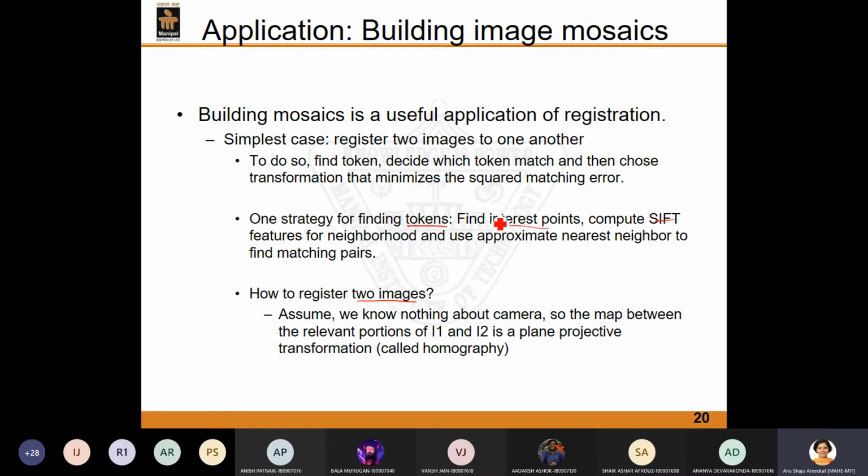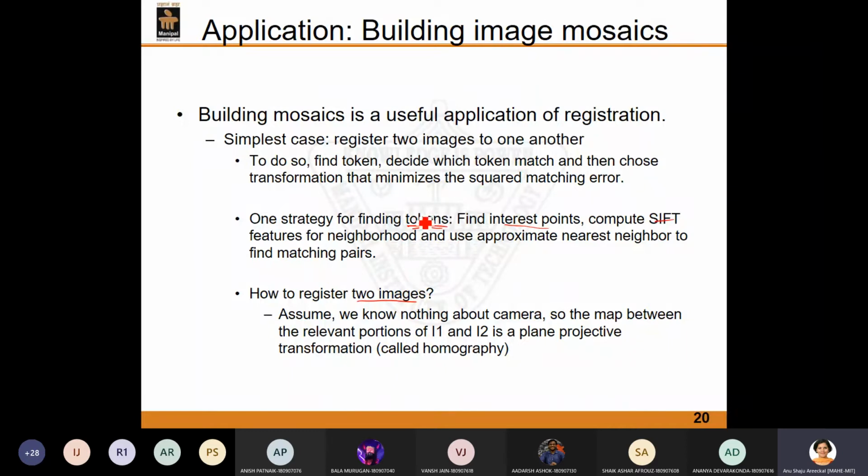All these you can call tokens, or you can say finding tokens. Tokens means basically points or lines or regions of interest. I can't exactly say regions of interest over here. What I mean is some kind of features, some characteristics of the image which are of interest, or which stand out. Those can be considered as tokens.